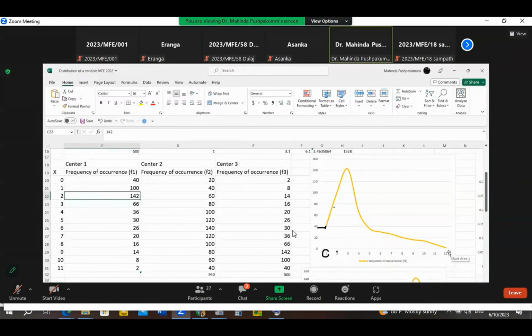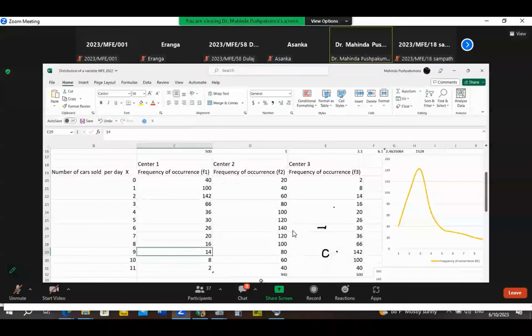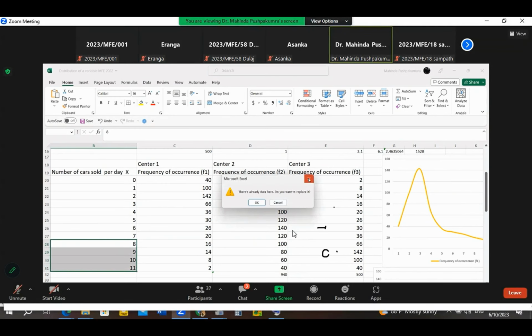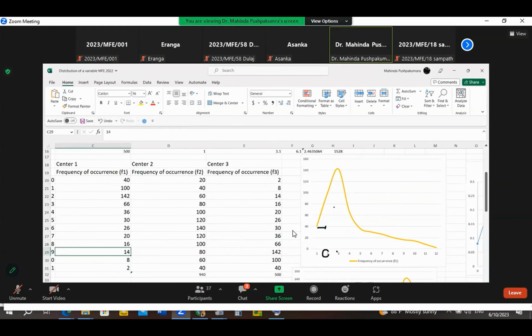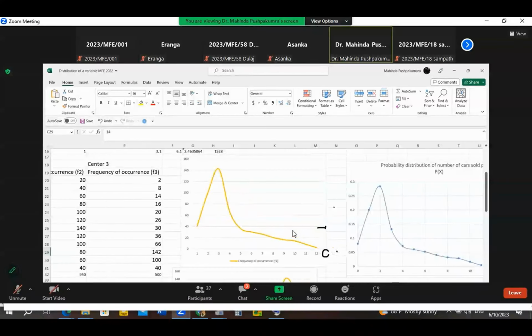This we call a right skewed distribution. If the tail is on the right side, you have fewer observations with higher values. Here our variable is the number of cars sold per day. Then you can see there are few days with higher sales. Then the curve is right skewed.